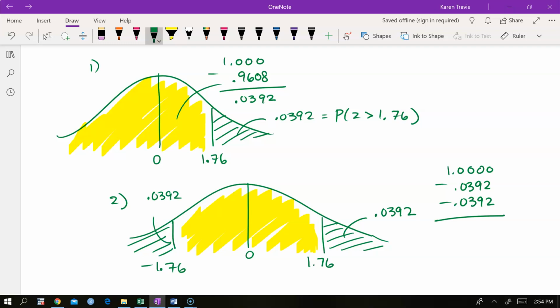And so what I'm going to get when I do this problem is 0.9216 is the chance that Z is between those two.